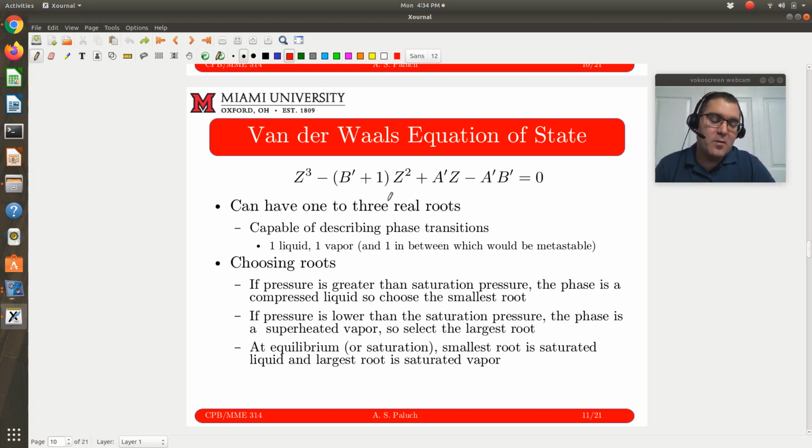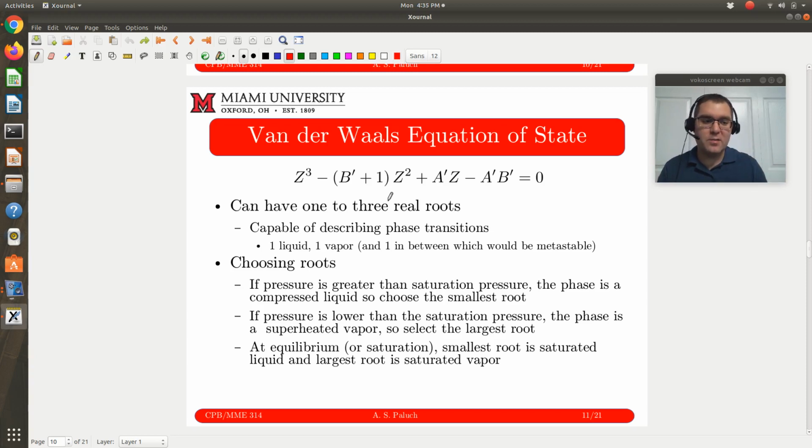And then, typically if you're away from your coexistence curve, so think about a P versus V phase diagram, if I'm away from that dome, in my compressed liquid region, once you get away from the saturation curve, typically you'll just get one real root. So again, if you get three real roots, you always throw out the middle one.